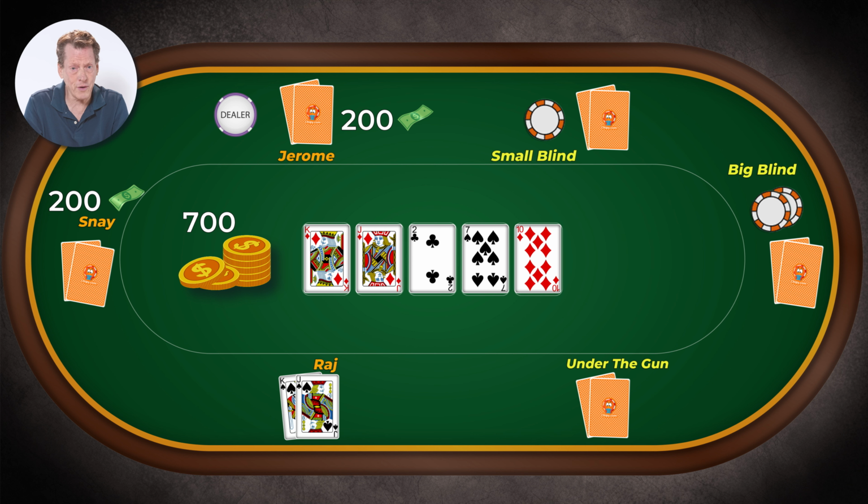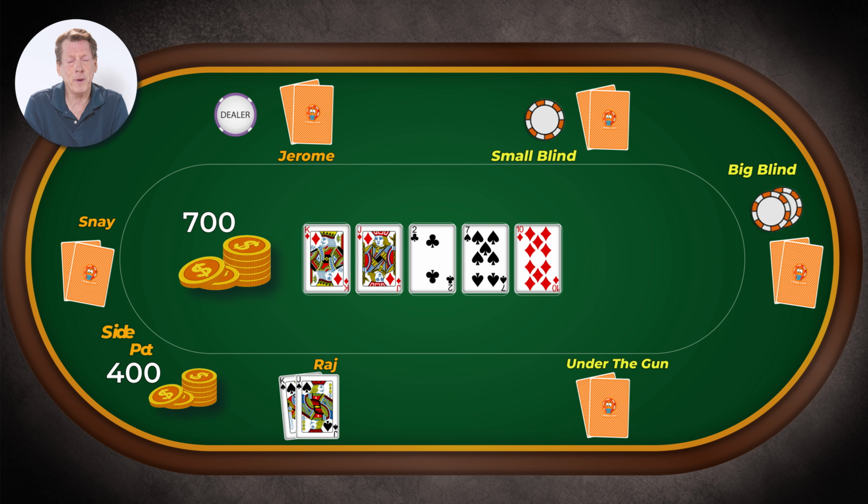The remaining $200 from Sneh's and Jerome's bet is put into a side pot that will be awarded to whichever one of them has the higher hand. In this example, Sneh reveals that he has the ace of spades and the king of clubs for a pair of aces.